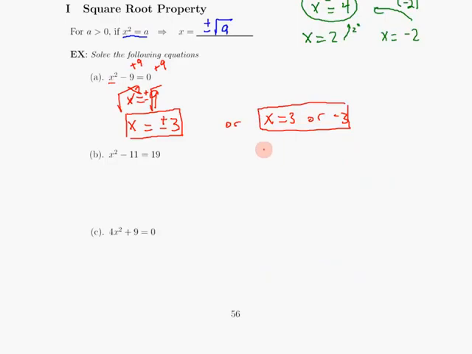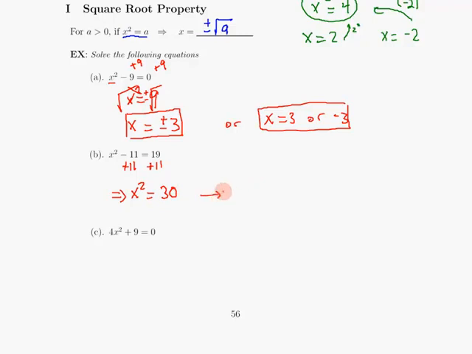In example B, again, we want to get the x squared term by itself, so I'm going to begin by adding 11 to both sides to move the 11 to the right-hand side, which gives me that x squared is equal to 30.